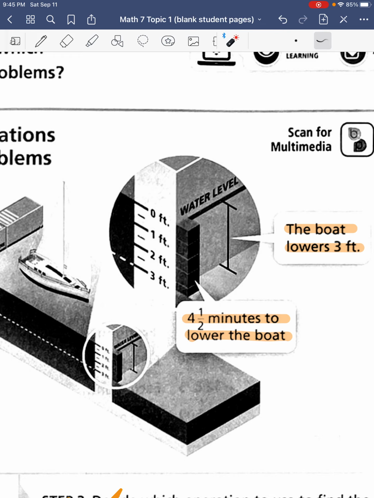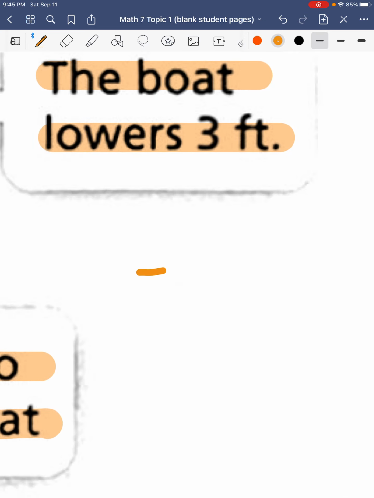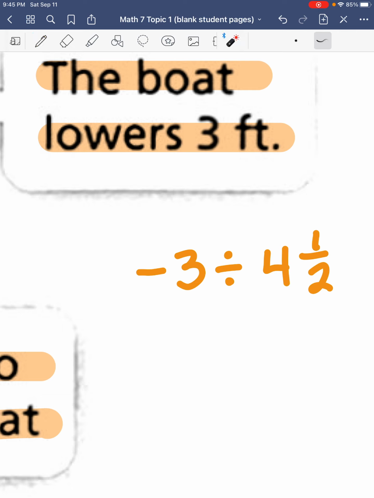So to figure out the change in position each minute, we can simply divide. The total change in position we know is -3, and I can divide that by how long it takes the boat to lower that distance. So -3 divided by 4.5. Well, I'm going to start by rewriting this so I have two fractions.